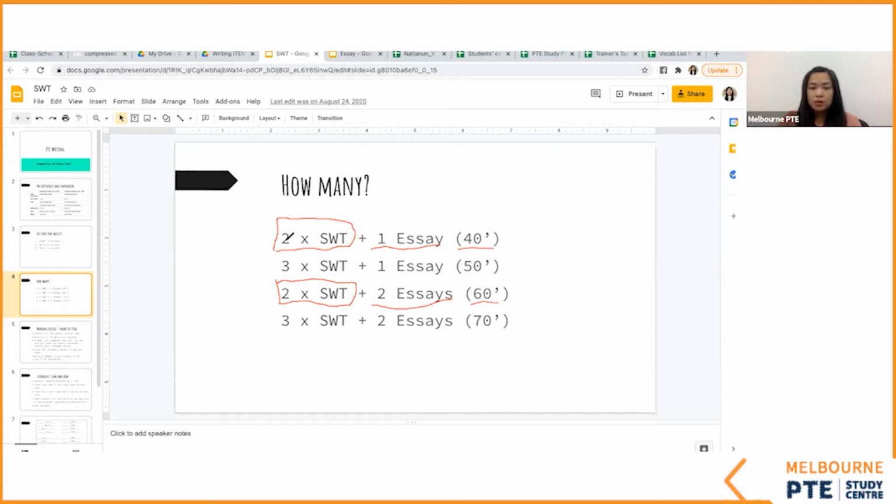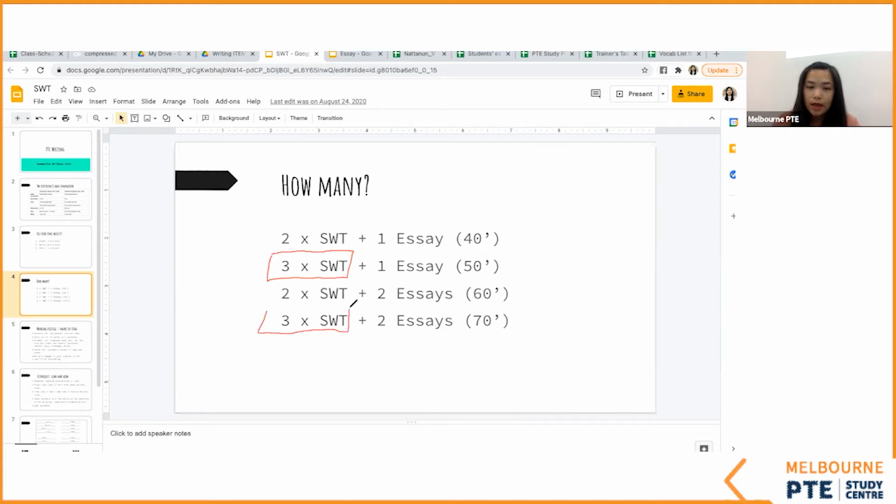For example, 2 summarize written text and 1 essay will take you 40 minutes to finish your writing. 2 summarize written text and 2 essays will take you 60 minutes, which is 1 hour, to finish your writing, okay?